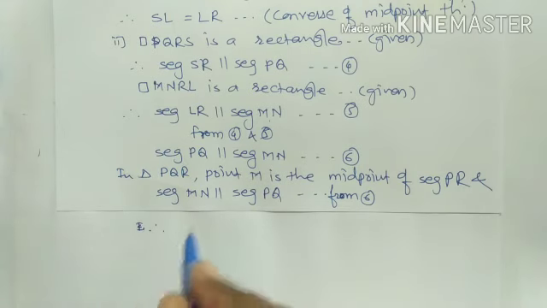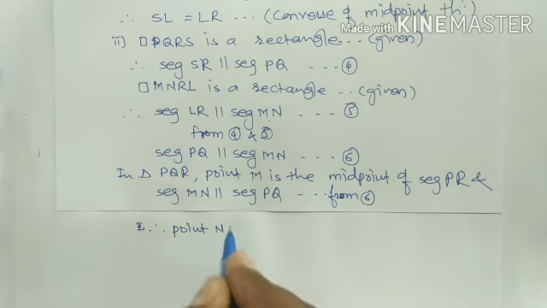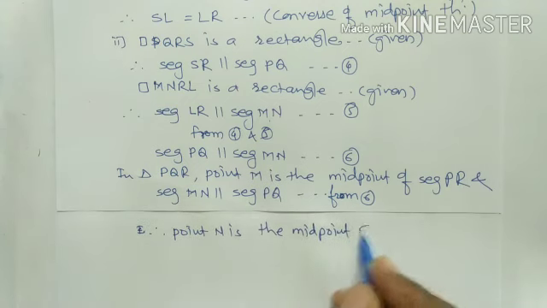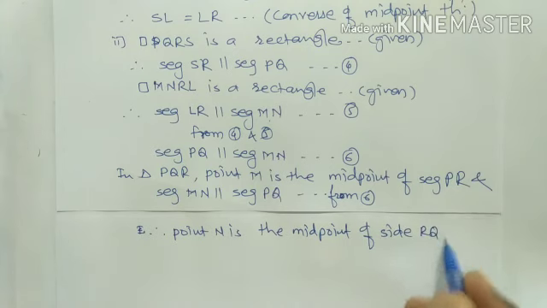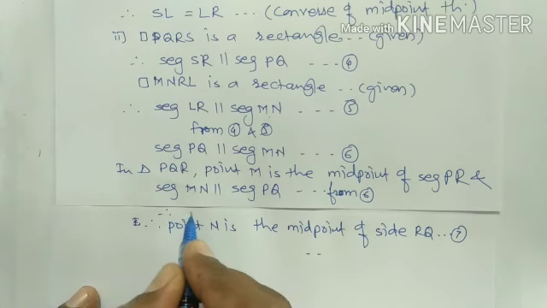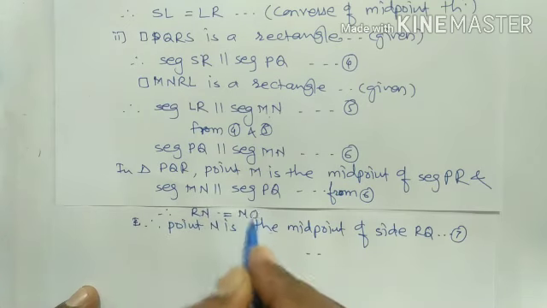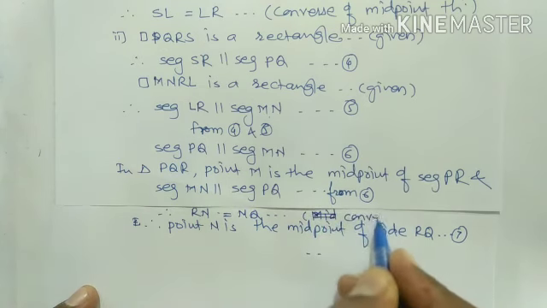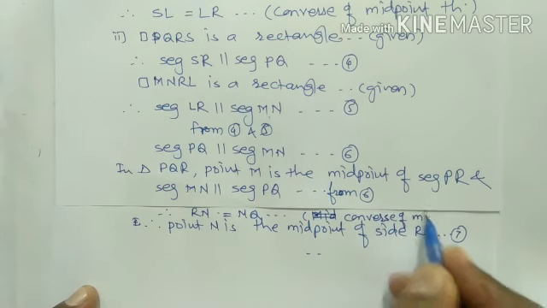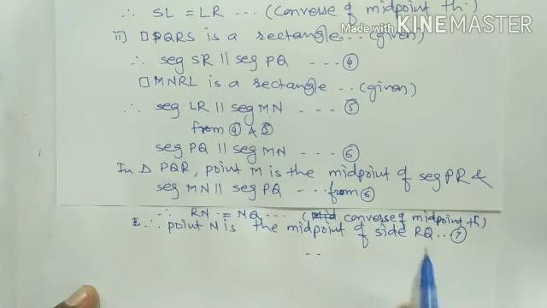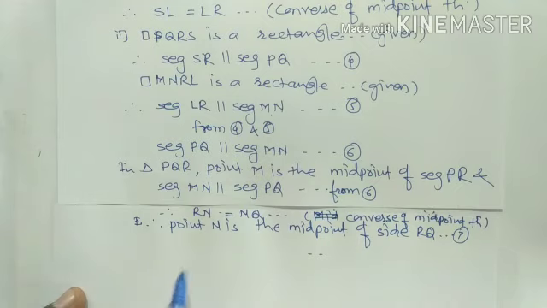Therefore, by the converse of midpoint theorem, point N is the midpoint of side RQ. Therefore RN equals NQ, by the converse of midpoint theorem, and therefore point N is the midpoint of side RQ. Let's give this number 7.